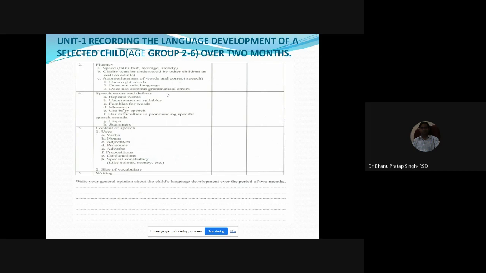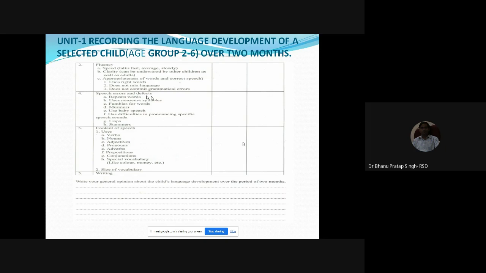Sometimes the child is not able to pronounce particular words, lisps and stammers. So these are the criteria, and you have to write your observation based on the child's activities.